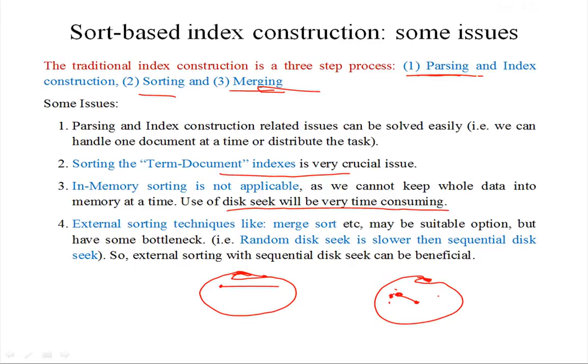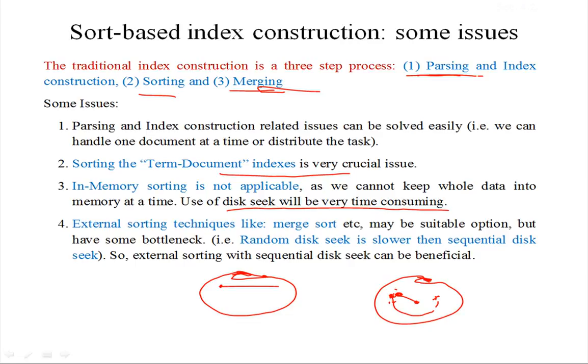So data may not exist in a sequential fashion, and that will require disk-seek-based sorting operations. If data exists at this point and this point, then it requires a complete rotation instead of just a short sequential move.